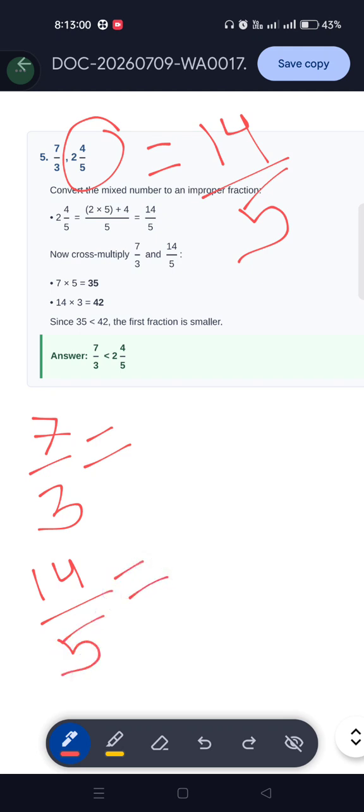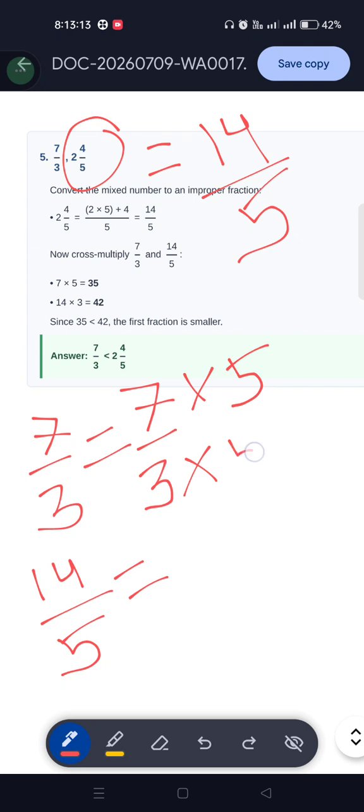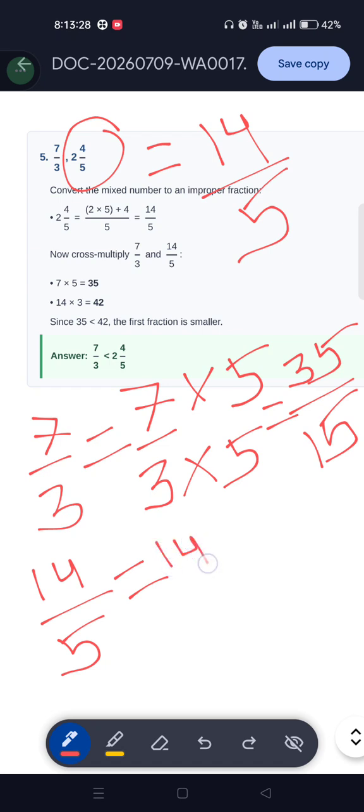So you will compare these two fractions. The trick of comparing is that you will multiply the first fraction with the denominator of the second fraction. Okay, so you will get here 7 times 5 is 35 and 3 times 5 is 15, and you will multiply the second fraction with the denominator of the first fraction.